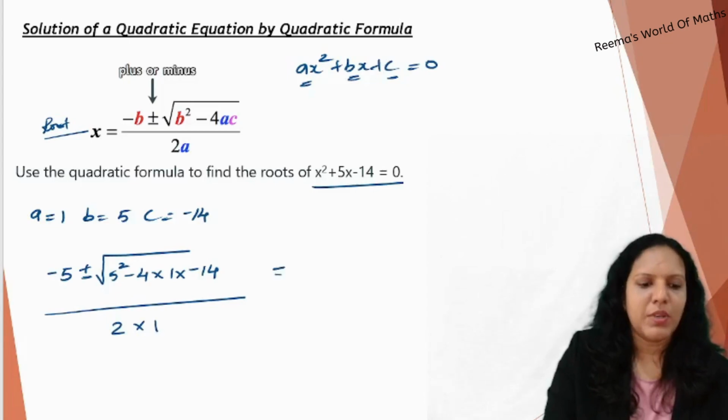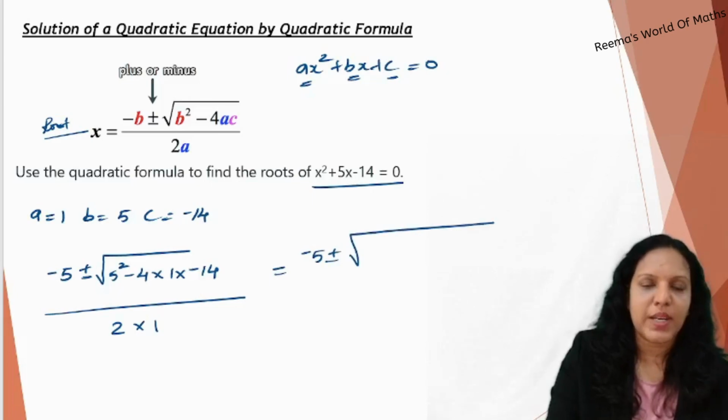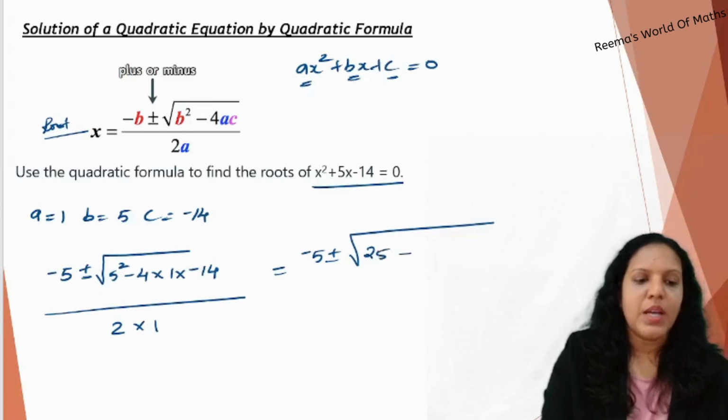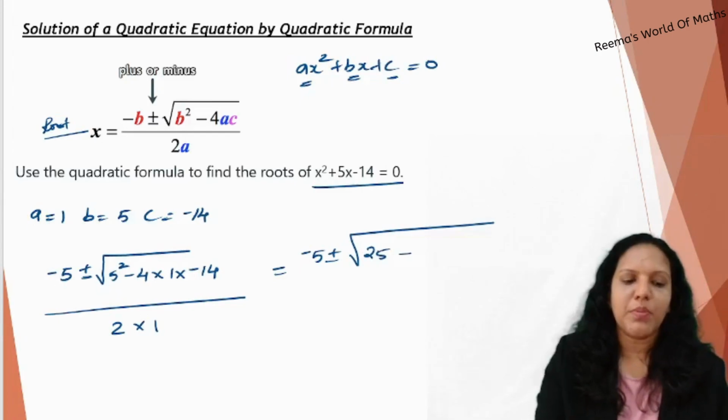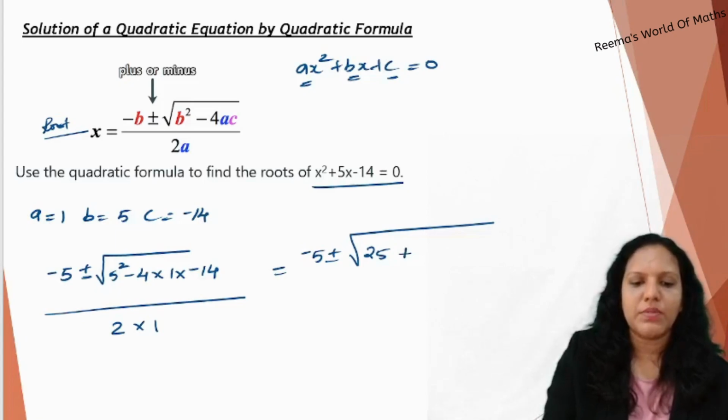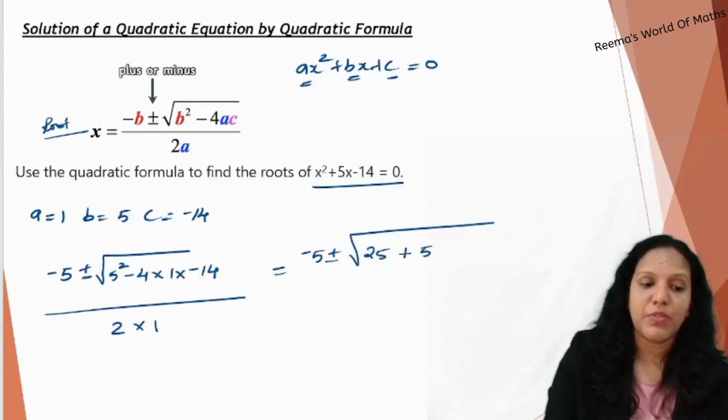Now simplify this. Minus 5 plus or minus square root of 5 squared. 5 squared is 5 multiplied by 5, that is 25, minus 4 into 1 into minus 14, which will give you plus 56. 4 times 14 is 56, divided by 2.